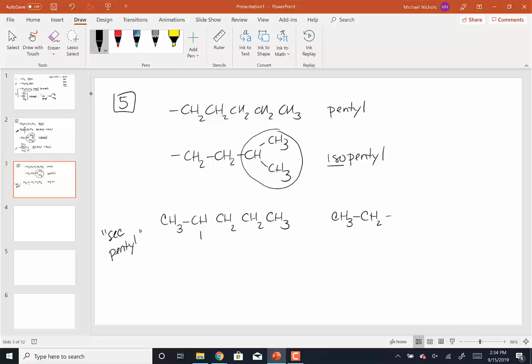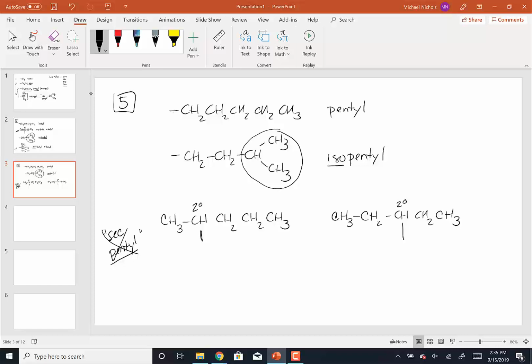So I could actually write 2 groups that I would call sec-pentyls, because in this case, having the carbon attached to one of the carbons, one in from the end or the middle carbon, these would both be secondary carbons, and so using sec-pentyl isn't unique. So if I said draw a sec-pentyl group, you could draw either one of these. Well, the fact that you can draw a group means that the name is not unique, which means it's an invalid name. So there is no such thing as a sec-pentyl group.